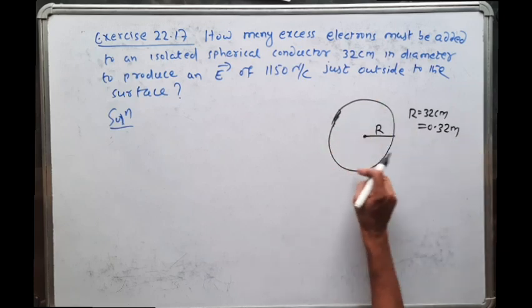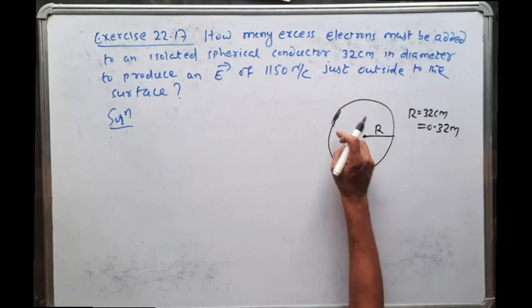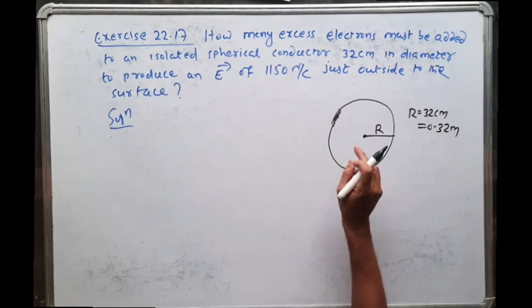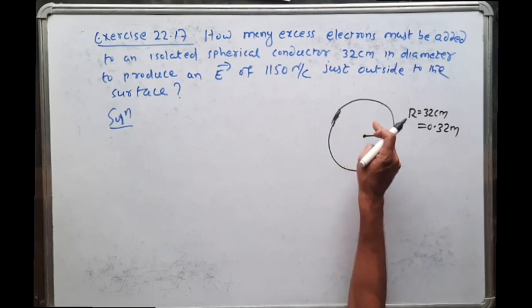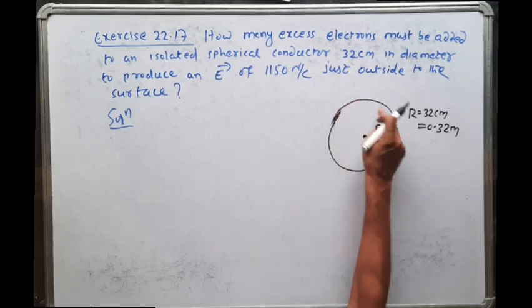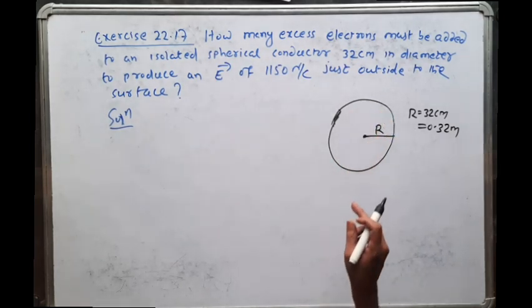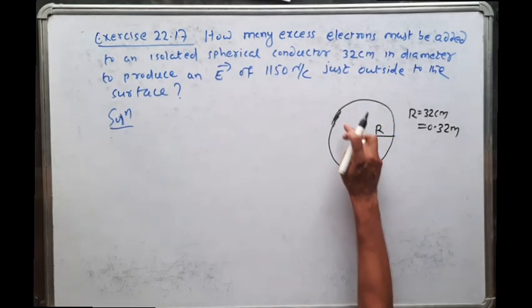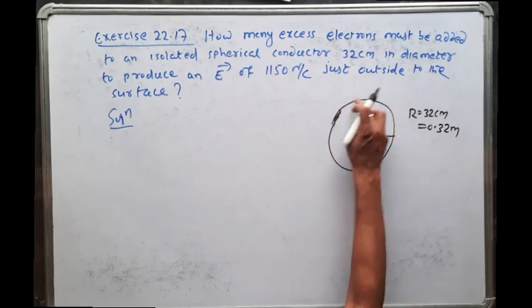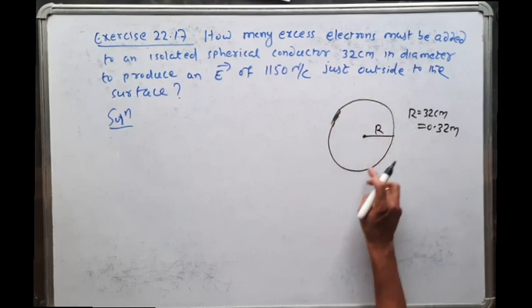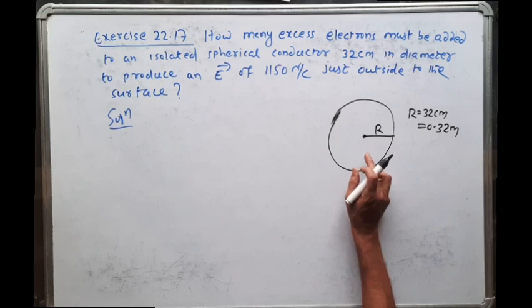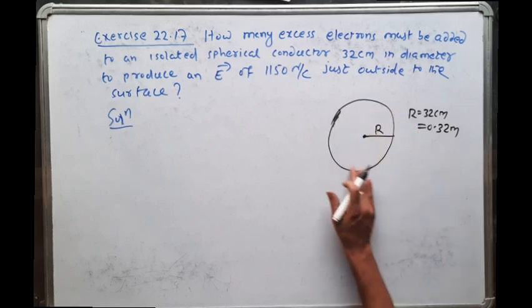No other conductors are present. If you add some electrons, those charged particles will reside on the surface of the spherical conductor. We know for a spherical conductor, charge always lies on the surface.